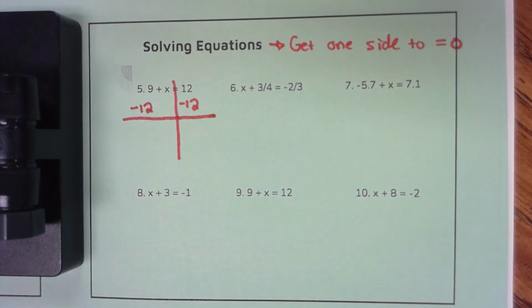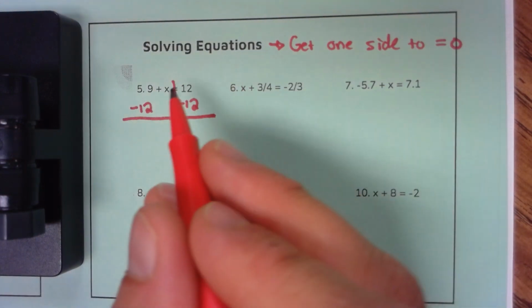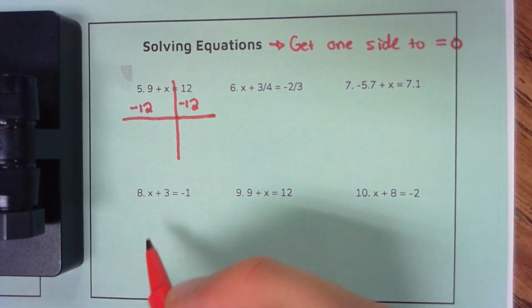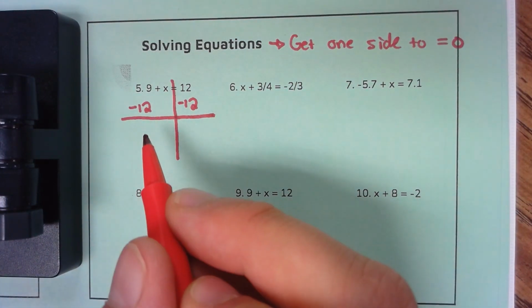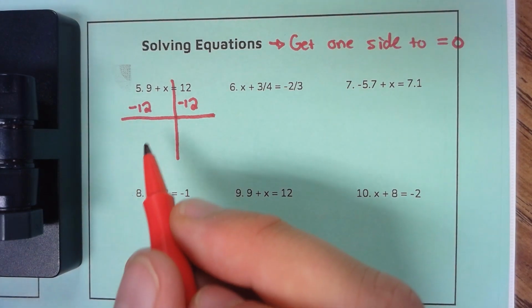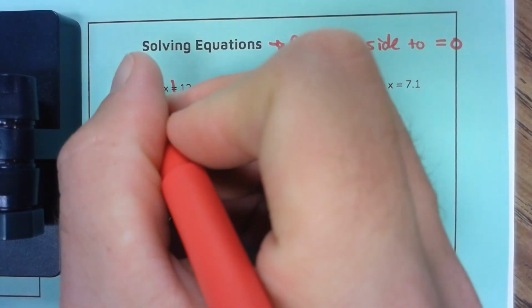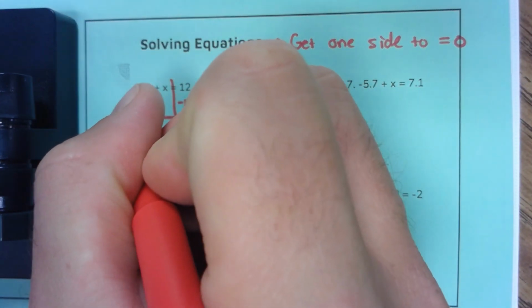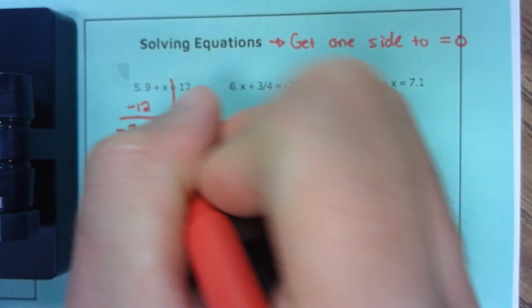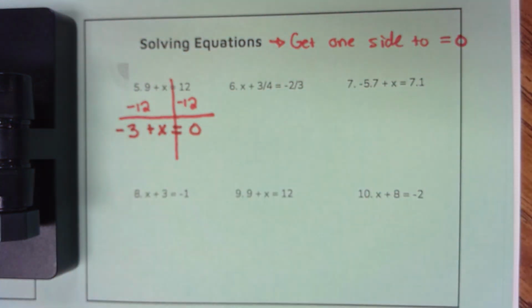Now, when we do this, we want to subtract it from its similar term, meaning I can't do x minus 12, right? Those aren't like terms. I can do 9 minus 12. Numbers are like terms, where 9 minus 12 is equal to negative 3. And I have plus x, and it equals 0. And now this is turned into exactly what your opener was.